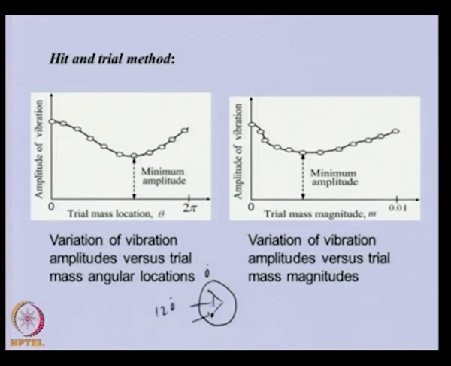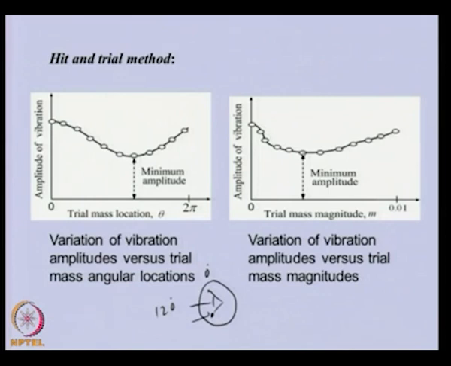Now, once we obtain this particular angular position, we can change the magnitude of the trial mass and observe the amplitude at the same place and the same speed. All the measurements we are doing at the same speed, and we will plot for different trial masses how the amplitude varies.